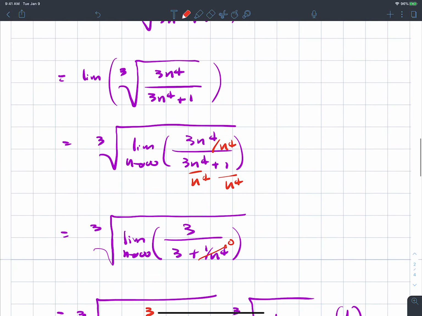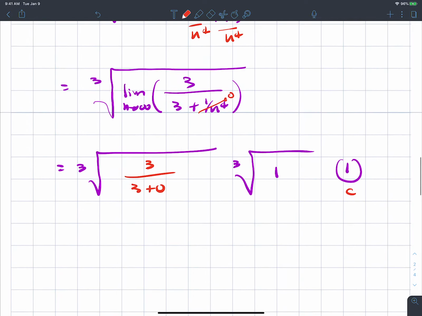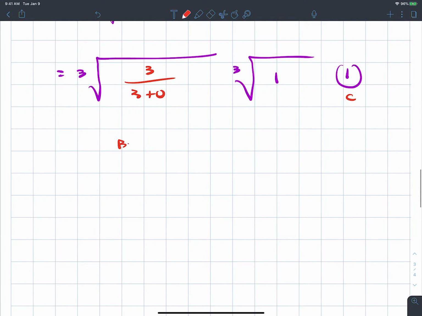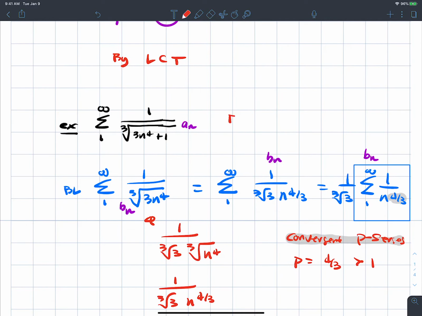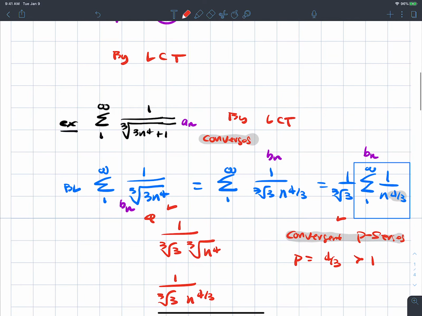And when the limit is finite, by the limit comparison test, we have an answer for this particular series. By the limit comparison test, we know the series here converges because we compared it to a convergent P series. So that's kind of how we answer the question. Okay, so by the limit comparison test, this converges.